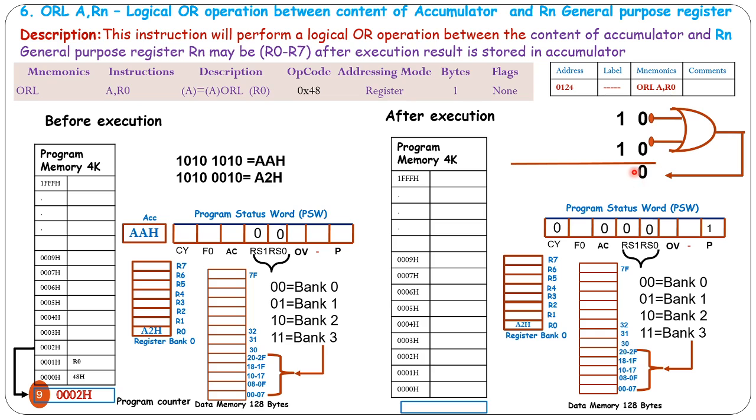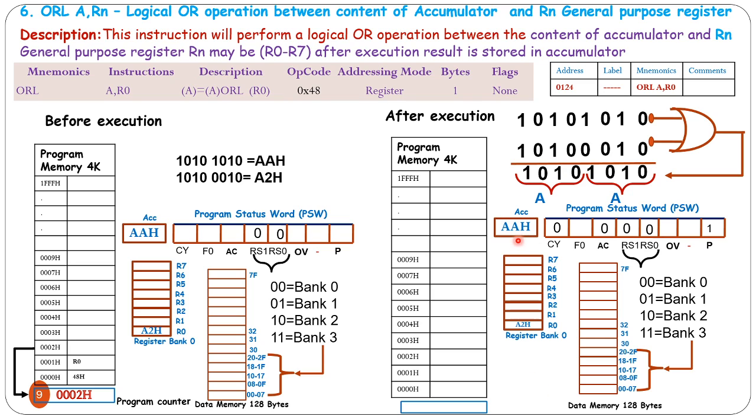Bit by bit, 0 OR 0 is 0, 0 1 1 output will be 1, and so on. This gives us the result in binary format. Now in hexadecimal it will be like this: AAH. So this is the content of accumulator after execution.